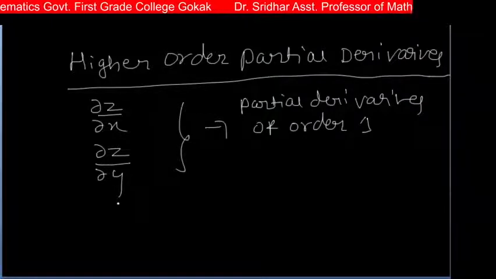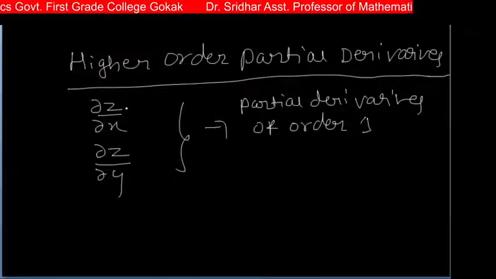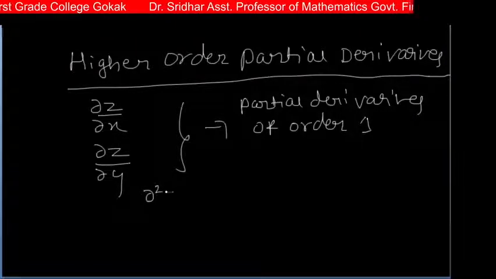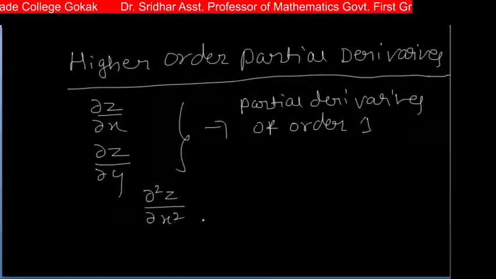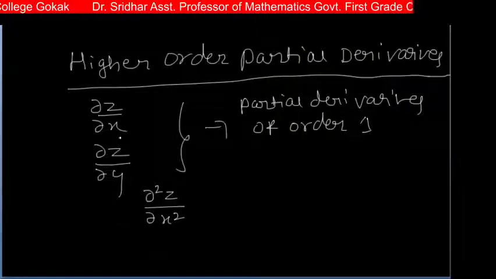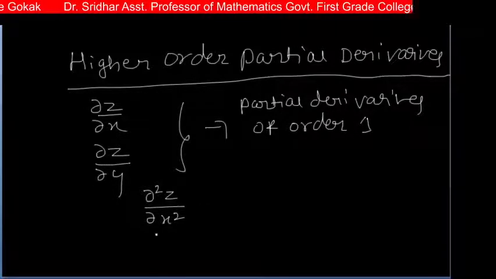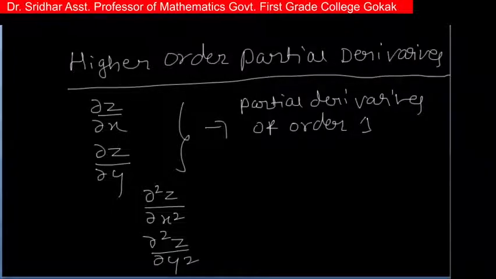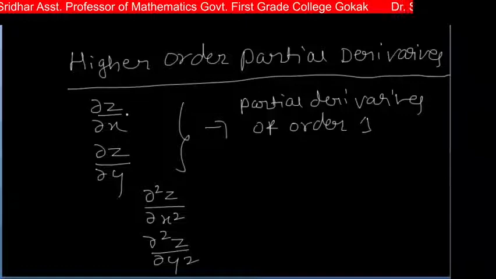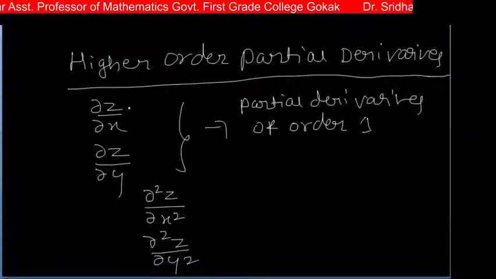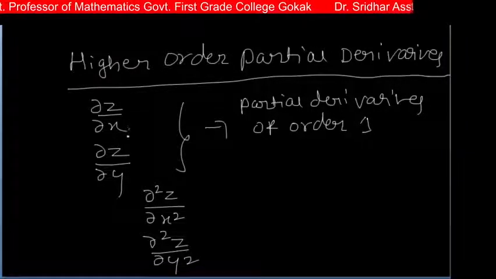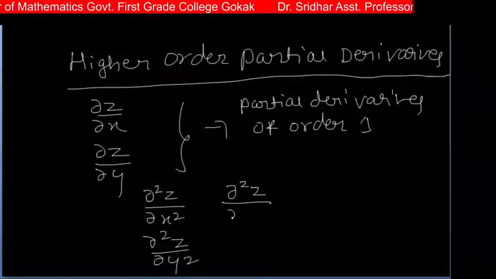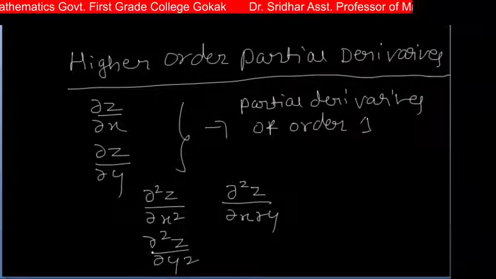okay. Next, if you differentiate one more time with respect to x, you will get dou square z by dou x square. Similarly, if you differentiate this with respect to y, then you will get dou square z by dou y square, correct? And similarly, if you differentiate this with respect to y, then what do we get? Dou square z by dou x dou y.